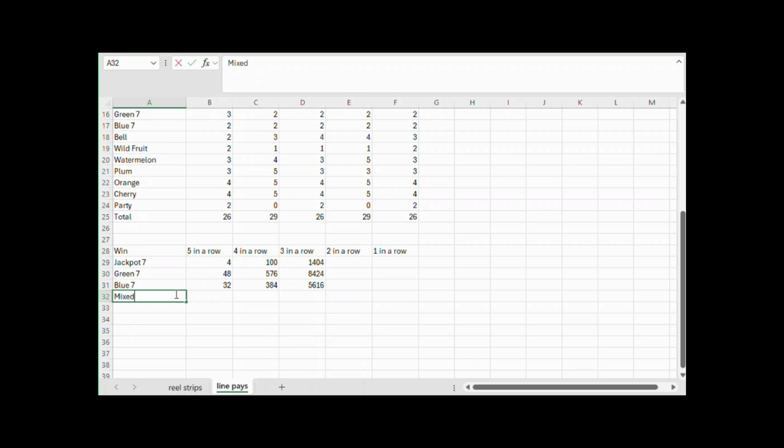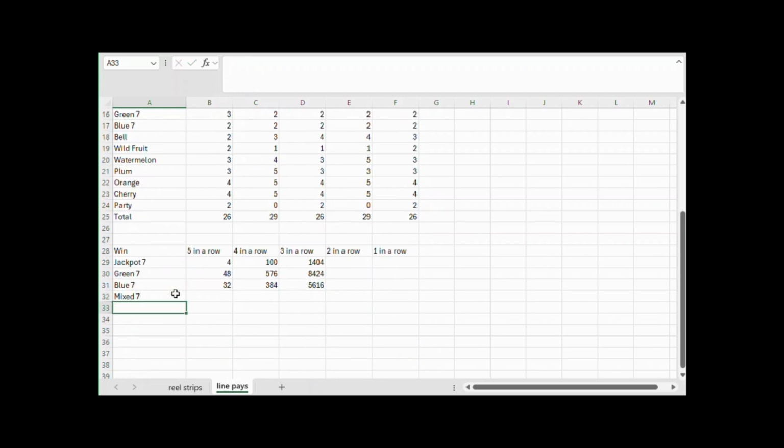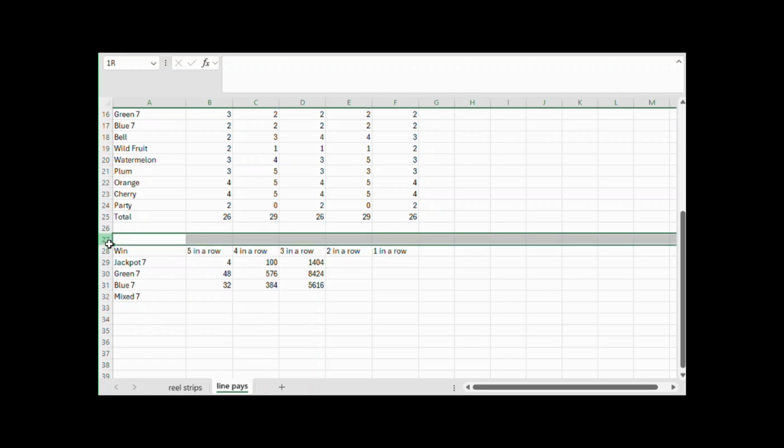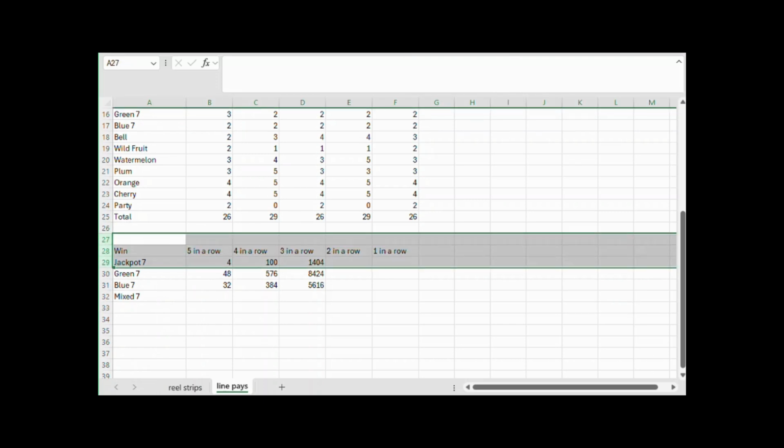And then there's another line item on the pay table for mixed 7s. So to do that, let's create a little more space here. I'm going to create 3 extra rows.